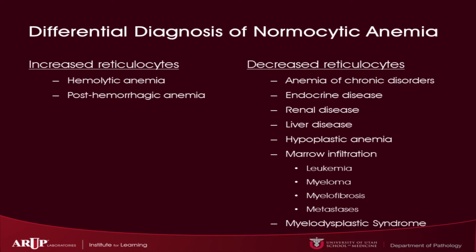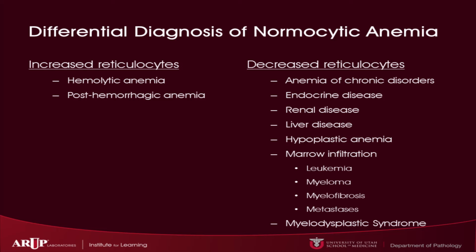If the reticulocytes are decreased, or the percentage of reticulocytes is lower than the normal reference range, there is again a big list of causes which can cause normocytic anemia with decreased reticulocytes. Anemia of chronic disorders can come under this category.